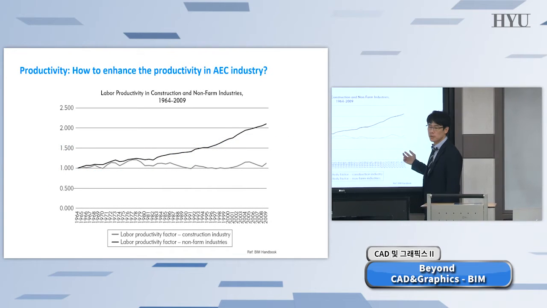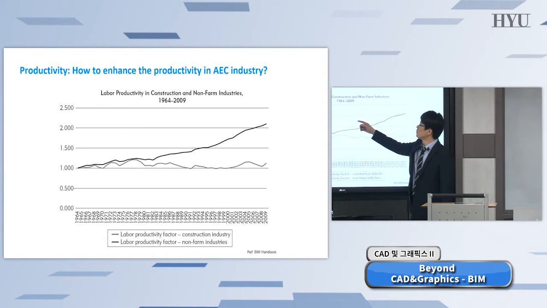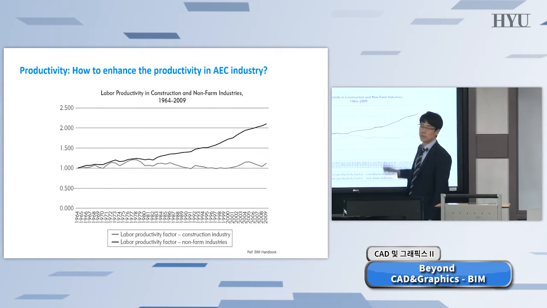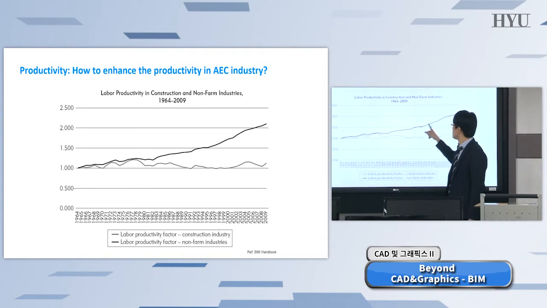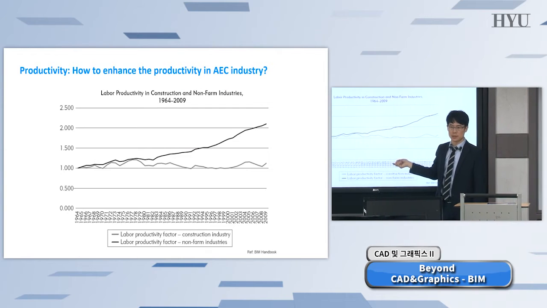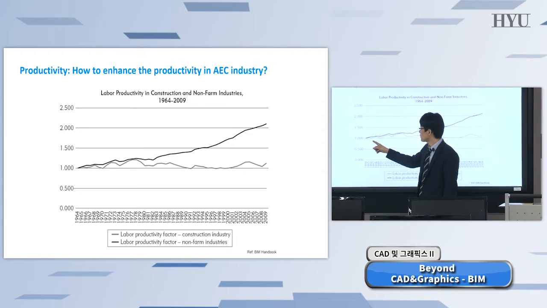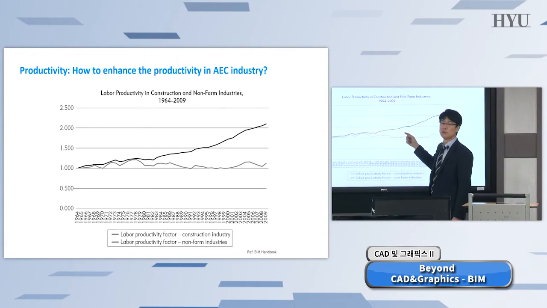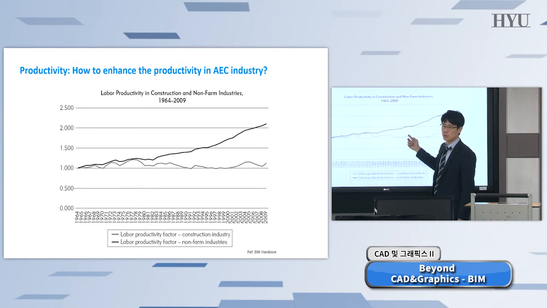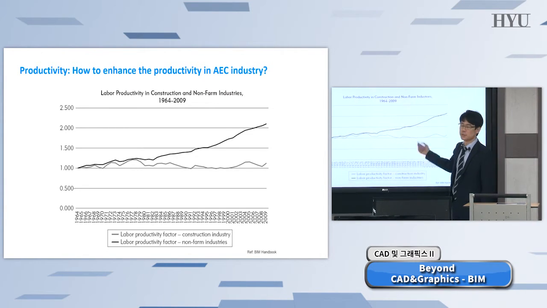So this is a reference from CIFE, Stanford. Take a look at labor productivity in construction and the non-farm industry. This black line shows you the productivity, okay? Since 1964, non-farm industry means, how about the motor vehicle industry? Ford, GM, or something like GE, or the smartphone and computer industry.